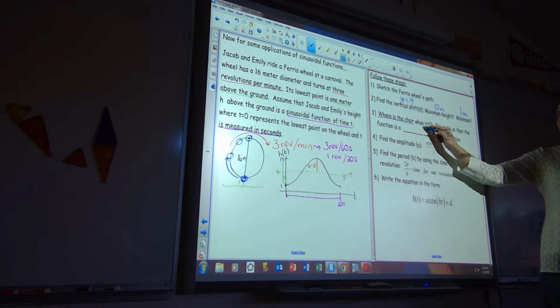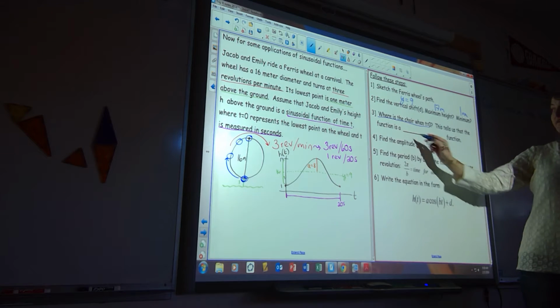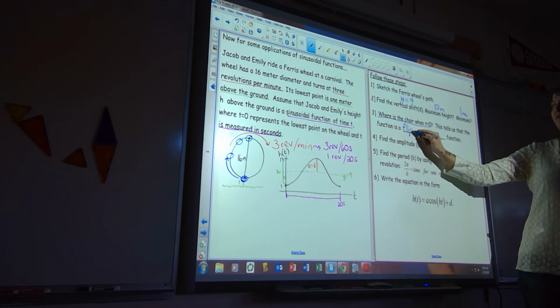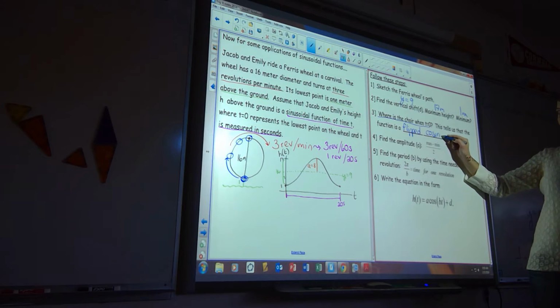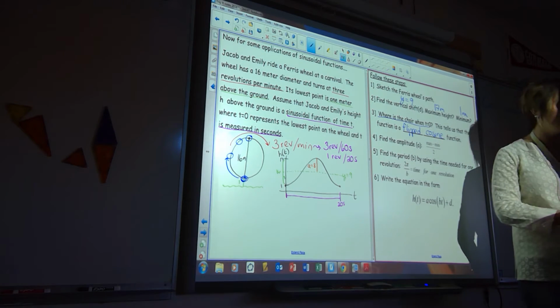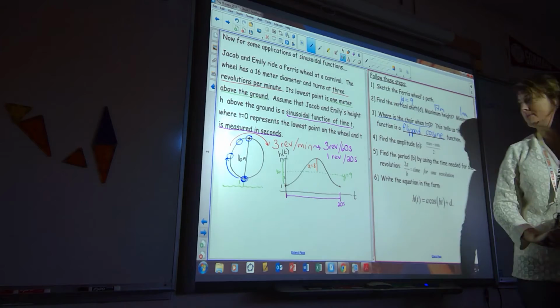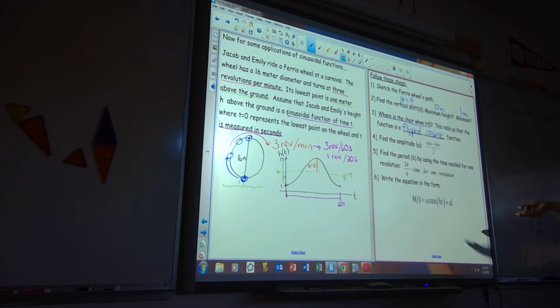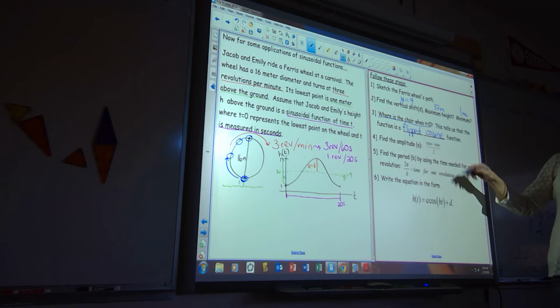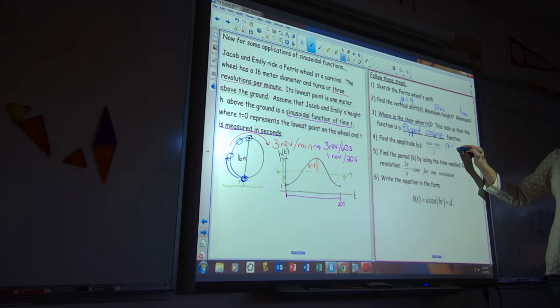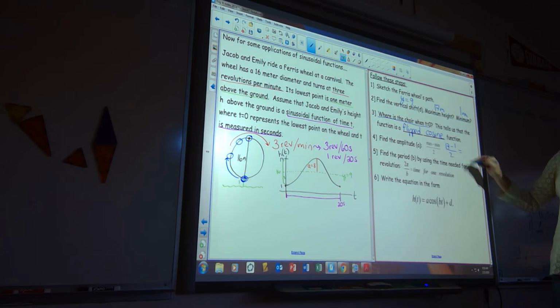If you think about where the chair is at time 0, this tells us that the function is a flipped cosine function. We already discussed that, because it starts at the minimum, goes to the maximum, goes back to the minimum. We already figured out the amplitude from our picture, but this would be the equation you could use to do that. 17 minus 1 divided by 2 gives you your amplitude of 8.